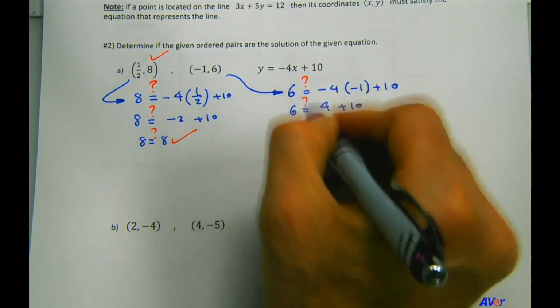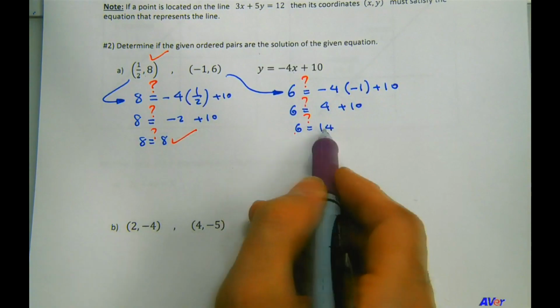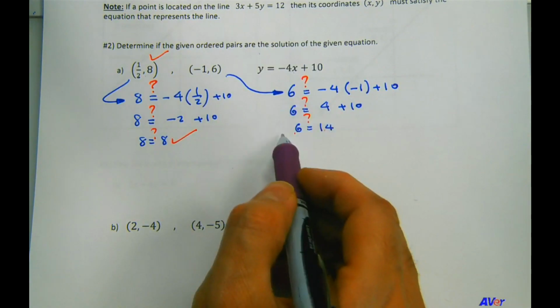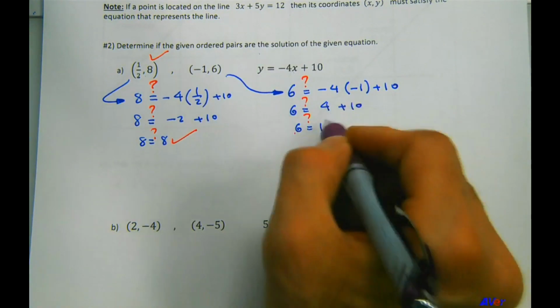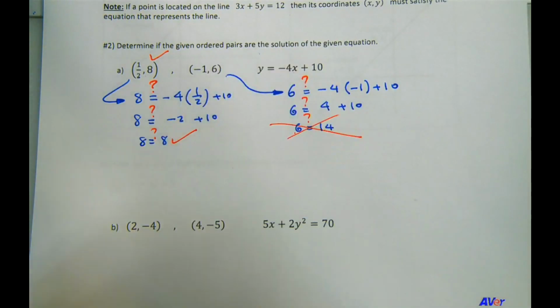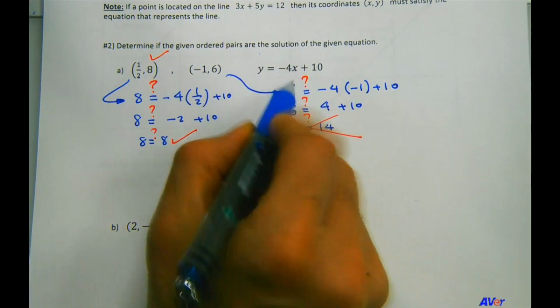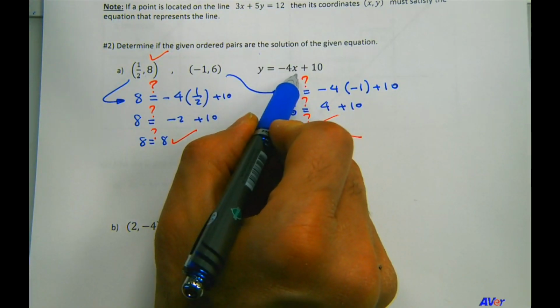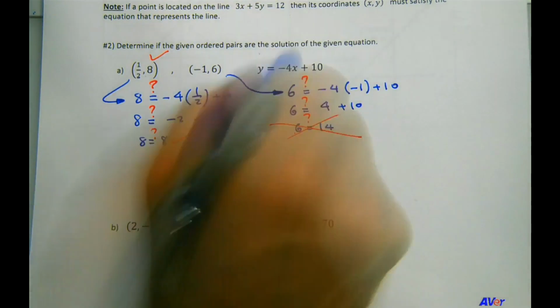Is that a true statement? Is the left-hand side equal to the right? Absolutely not. Right? So this is impossible. So this minus 1 comma 6 is not a solution of this given equation, and it's not on that line.